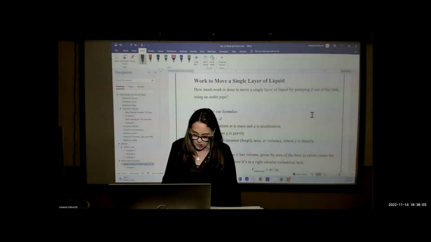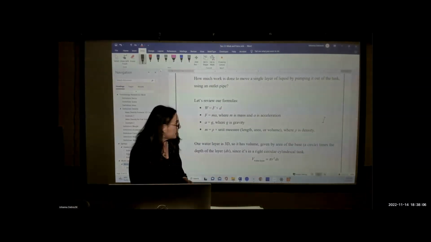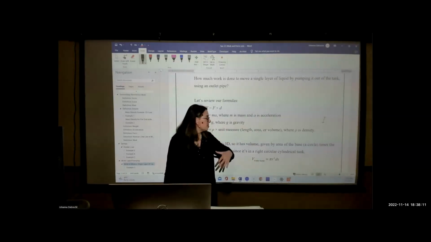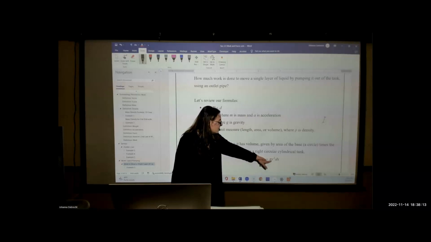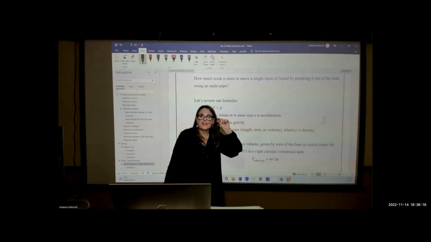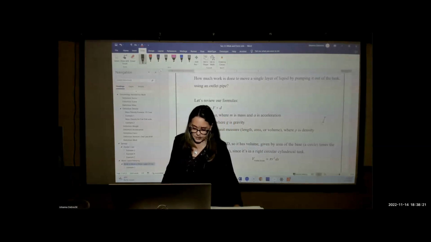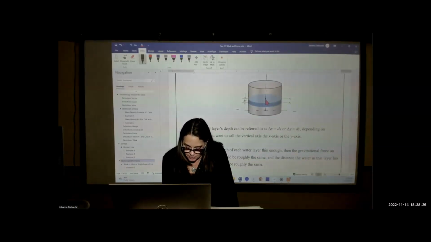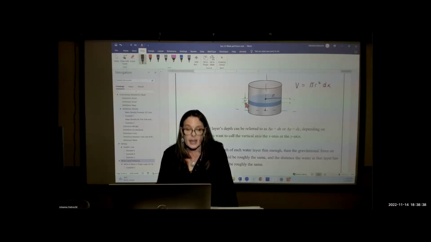So now we put all of that together, and we have that the volume of a single water layer for our right circular cylinder tank, the one we've been looking at, is going to be the area of the base, pi r squared, times the thickness or the height of that layer, which is dx. So again, looking at our picture up here, from the center to the edge is r. So the volume of that little slice of water is going to be pi times r squared times dx, or delta x.